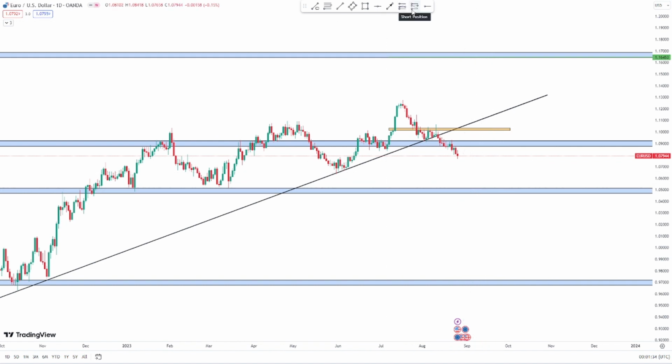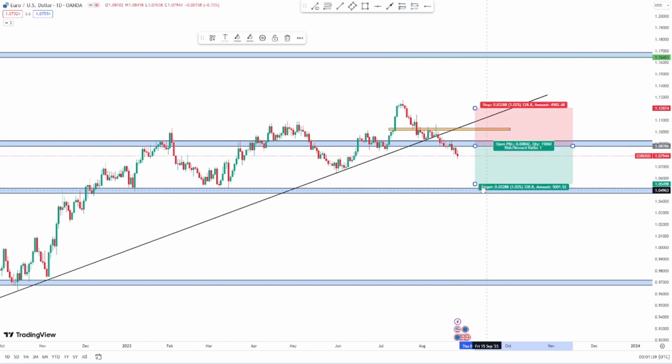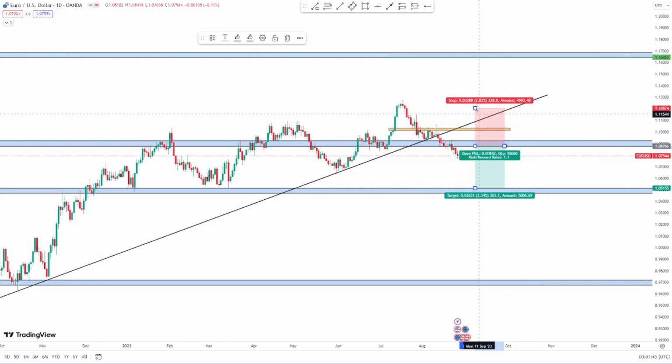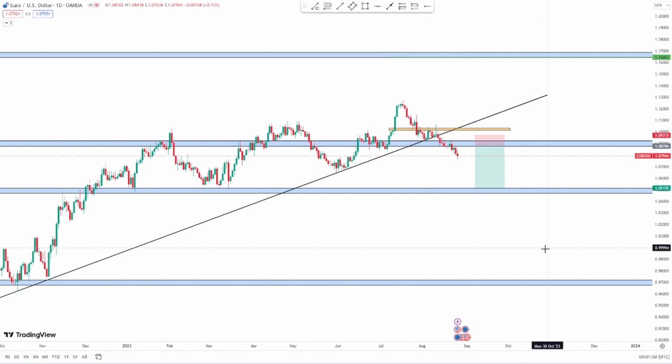So we are projecting roughly 300 pips down here. It's a higher time frame, but around 300 pips down here.